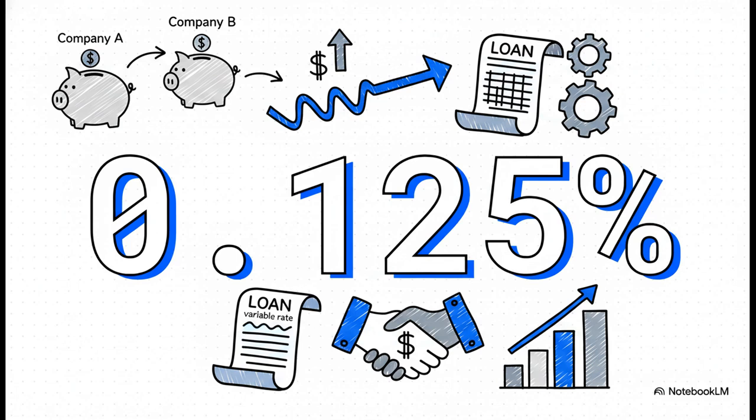If you structure that swap correctly, using those 6 steps, both companies get to split that 0.25% market inefficiency right down the middle. The end result, a permanent 0.125% discount on both of their respective loans. Company A gets a cheaper variable rate than the open market offered, and Company B gets a cheaper fixed rate. It is a genuine win-win, engineered entirely through the power of swap contracts.